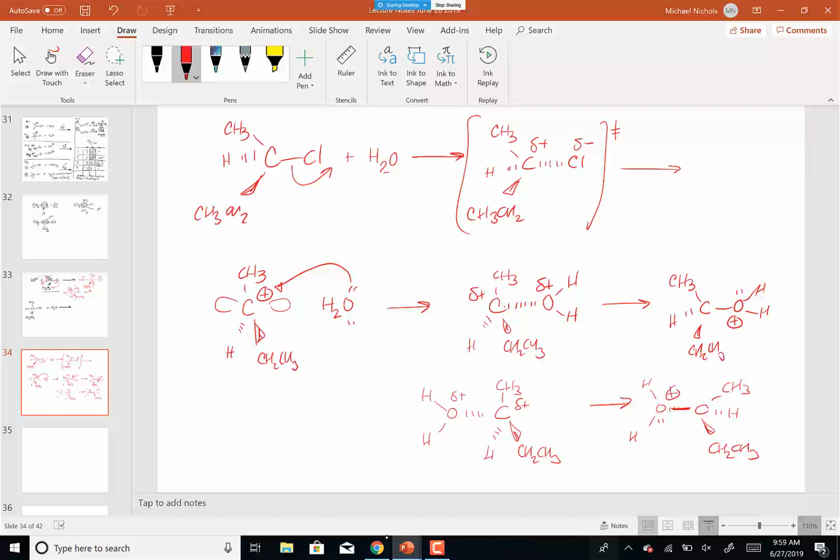Right, so when the water adds, the carbon is no longer positively charged. I have a +1 species, +1 overall charge here. There has to be a +1 charge over there.